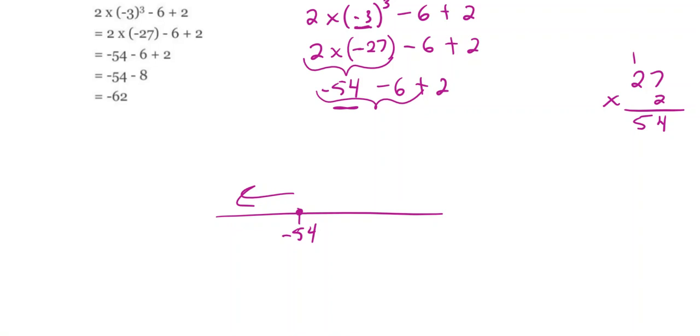That's normal subtracting. I think you're thinking of subtracting a negative. If it had been minus negative 6, that's probably the one you were thinking of. Okay. So anyway, we're at negative 54 and we're going 6 to the left. Where would you be there?